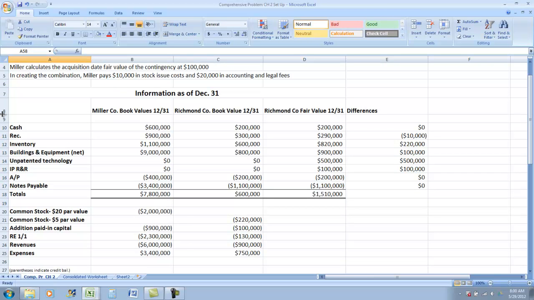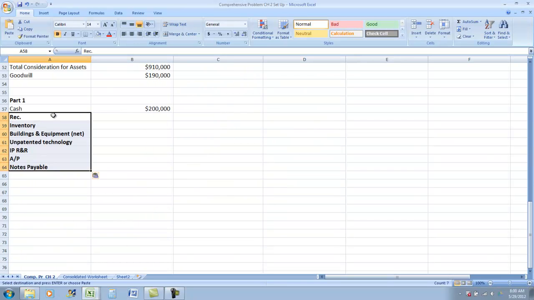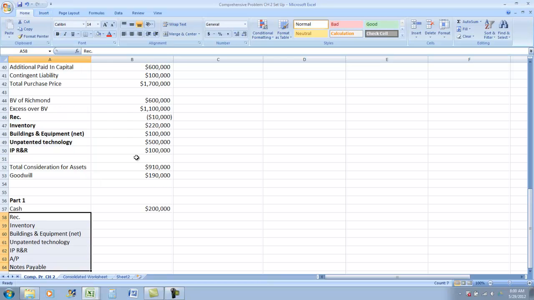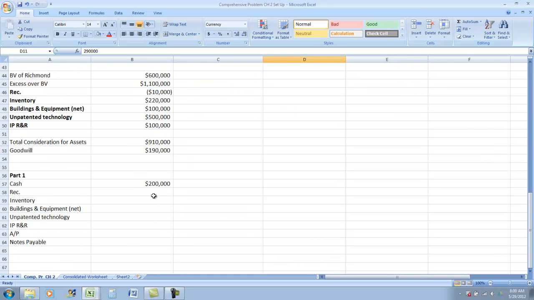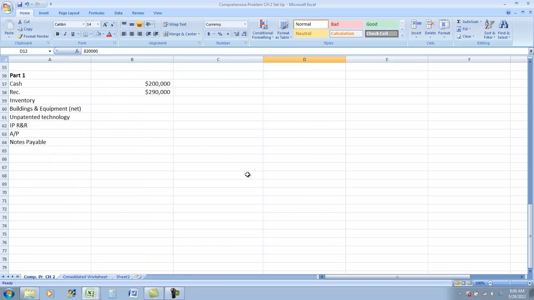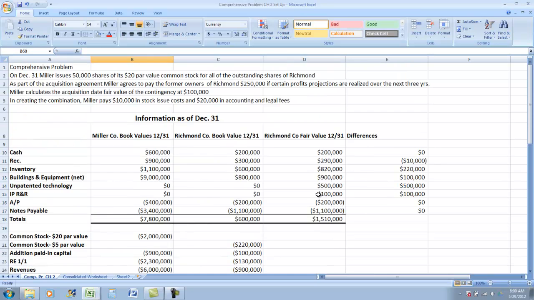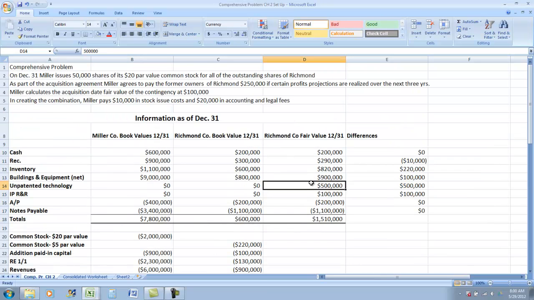Then we have cash was 200,000. It's 290 for receivables. Inventory is 820. Building net of depreciation is 900. Unpatented technology is 500.